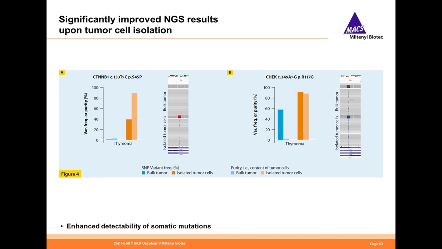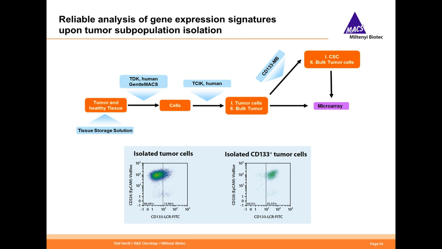Whereas when we isolated the tumor cells, as shown here in orange, we see, oh, actually it's a homozygous loss of function, meaning that actually this patient had a germline mutation already, a heterozygous germline mutation in this gene, and during tumorigenesis, this was a loss of heterozygosity event, turning it into a homozygous loss of function, and was probably one of the initiating events during tumor formation.